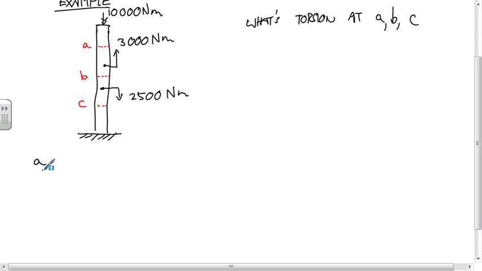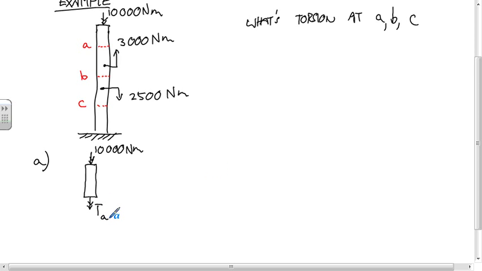So for A, let's do all the cuts from the top because we know the external load there. We know we have a 10,000 Newton meter couple this direction at the top. And then we know that there's some internal couple that's counteracting that. I'll call that T or TA.